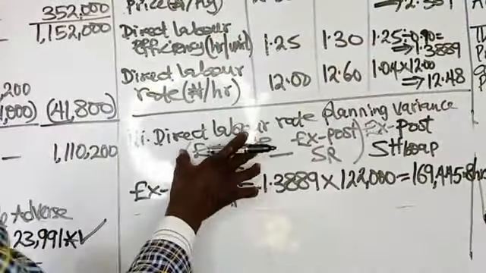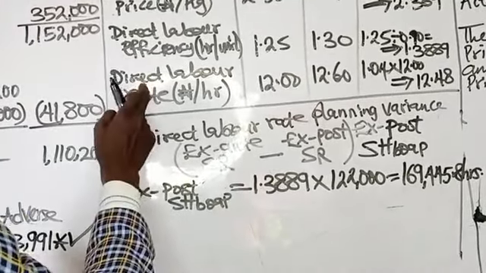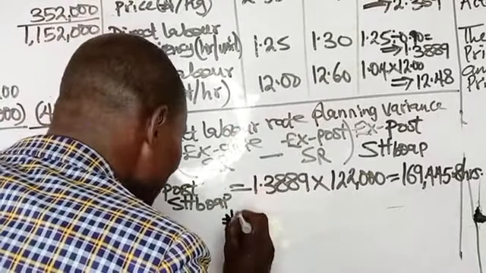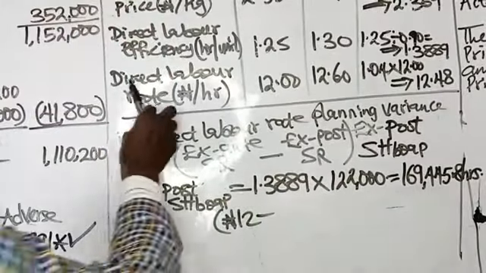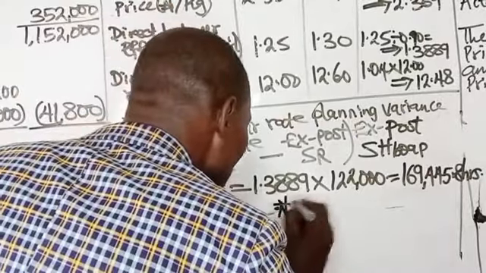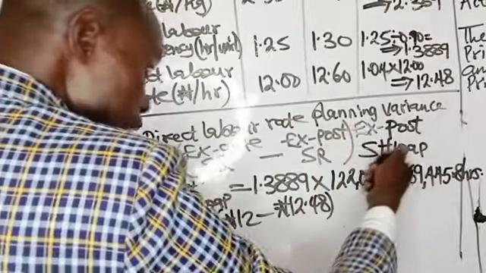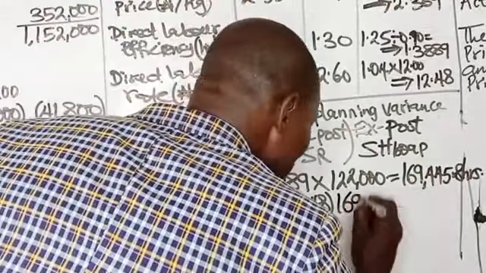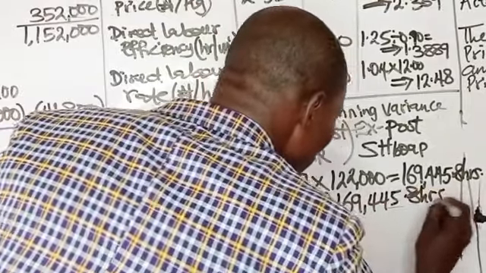Now let's substitute into this formula. S and T standard rate. This is the labor rate. S and T is 12 naira minus S post standard rate. S post is 12.48 multiplied by S post standard hour based on actual production, which is 169,445.8 hours.